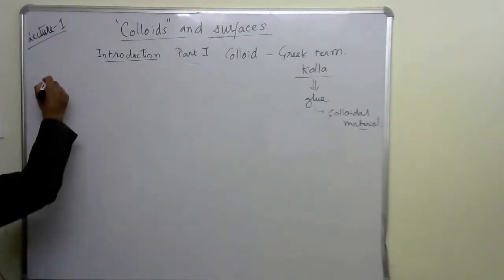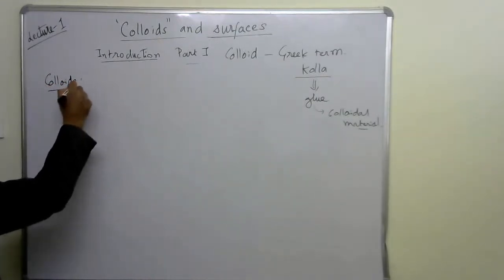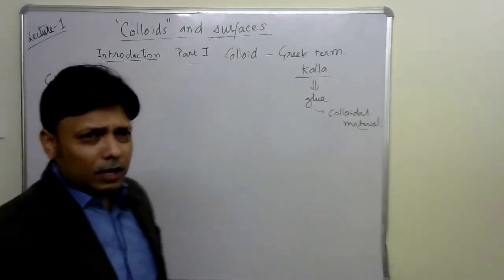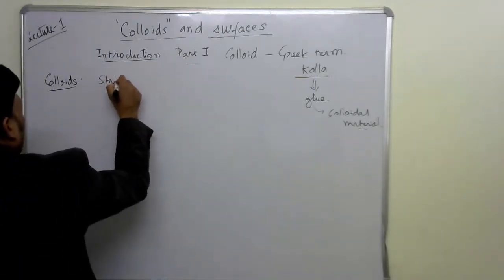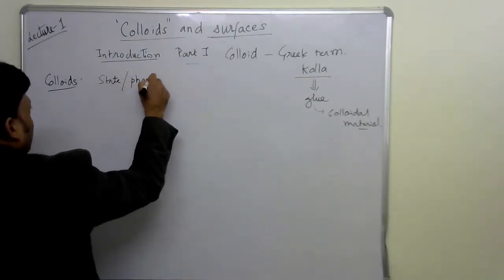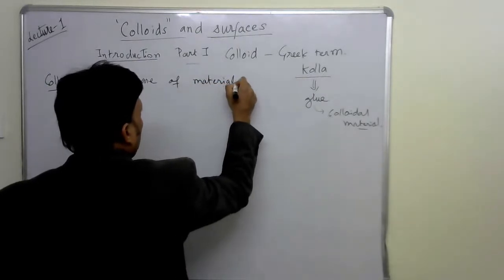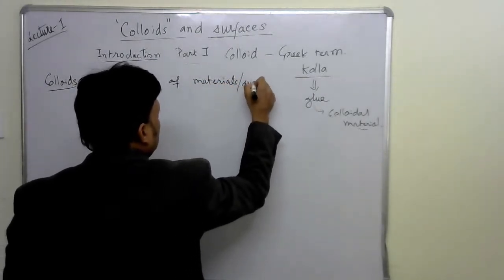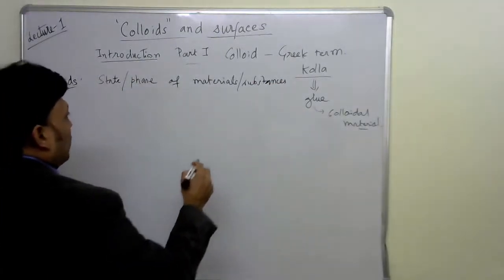Now the thing is, how do we define colloids? Colloids is actually a state, or a special phase, of materials, or we can call them substances.